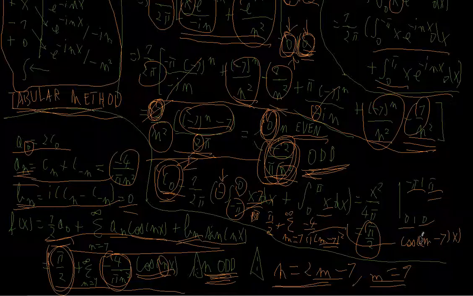I don't think you can really read it, but you can just replace every n with 2m minus 1.